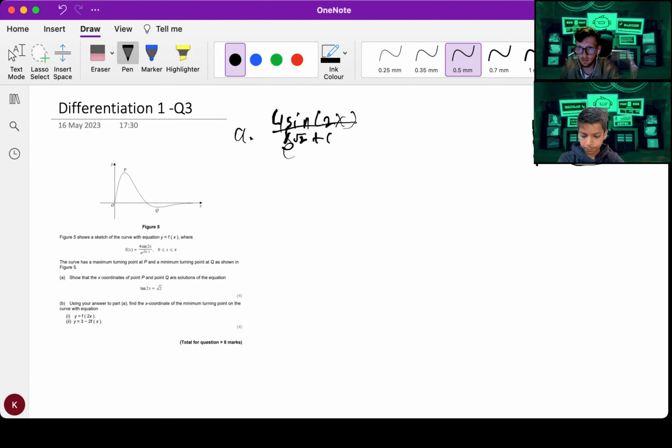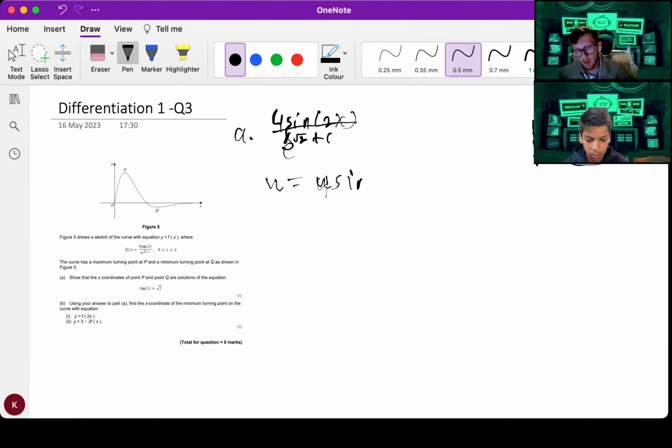And x is between 0 and pi. After that, we can use the quotient rule. I'd go quotient rule here as well.